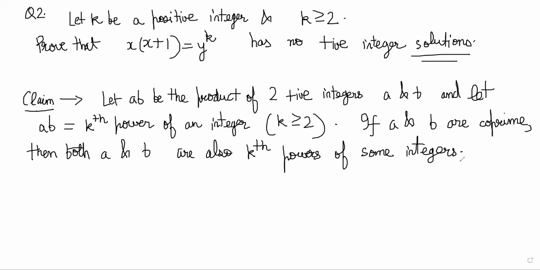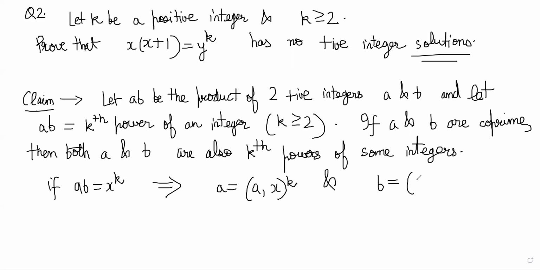So more concretely, the question says that if AB is equal to x power k, prove that it implies that A is the GCD of A and x power k, and B is the GCD of B and x power k, if A and B are co-prime. So this is the claim that I first want to prove. Okay. So we'll be using that later.